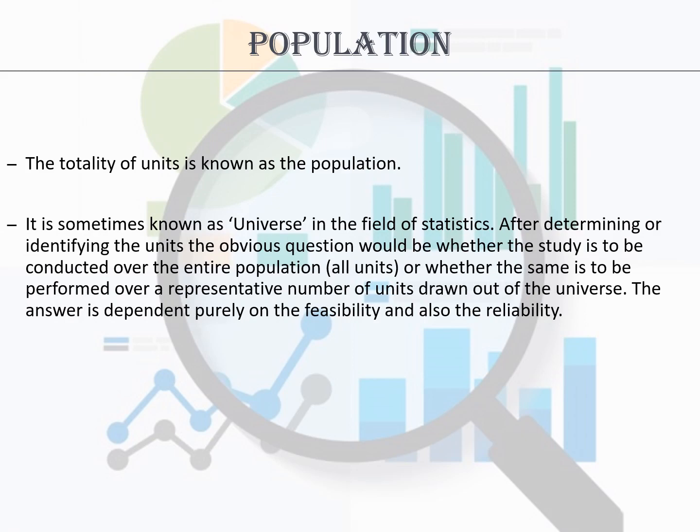After determining or identifying the units, the obvious question would be whether the study is to be conducted over the entire population or whether the same is to be performed over a representative number of units drawn out of the universe. The answer is dependent purely on the feasibility and also on the reliability.